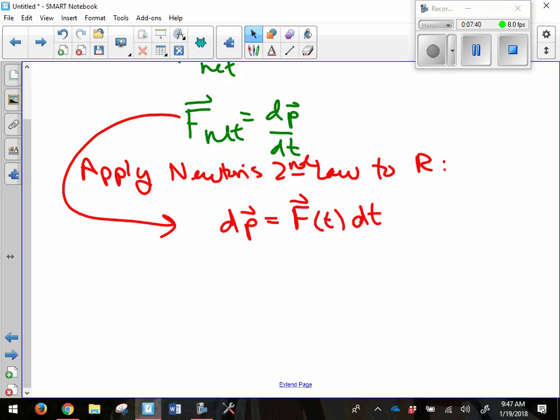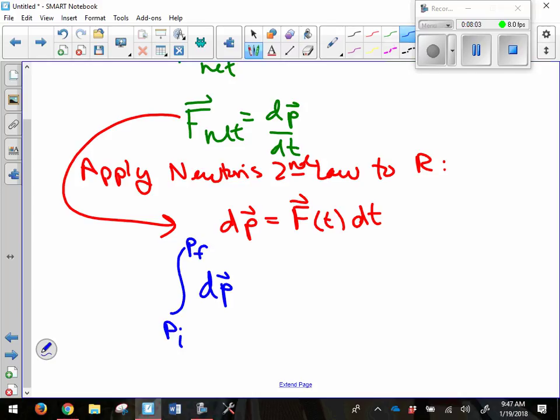And while you're not quite there yet, in another couple of weeks, you're going to see an equation like that, and you're just going to have to integrate it. You're not going to be able to stop yourselves because it just screams to be integrated. So we're going to integrate both sides. And we're going to integrate p, we're going to make definite integrals like we did in calculus, from some initial value p to some final value of p, whatever it is. Because what am I going to get when I integrate dp?